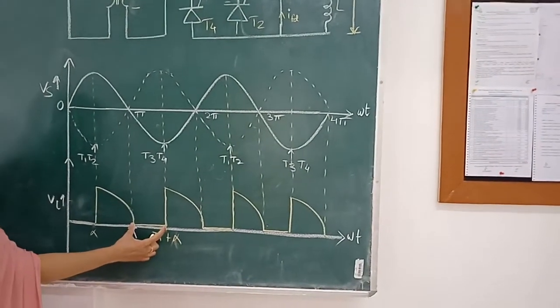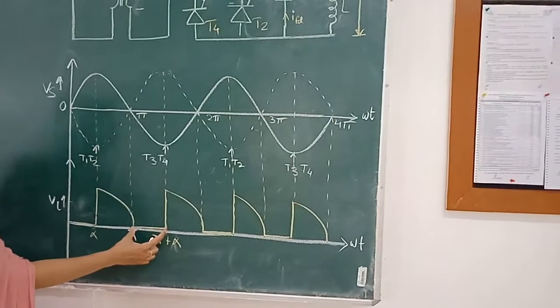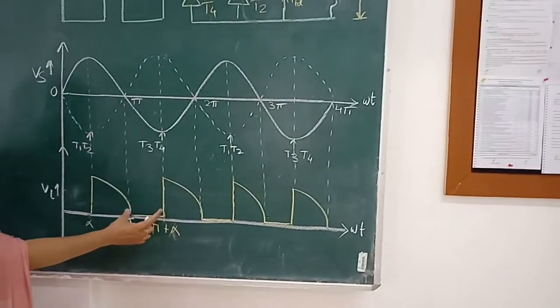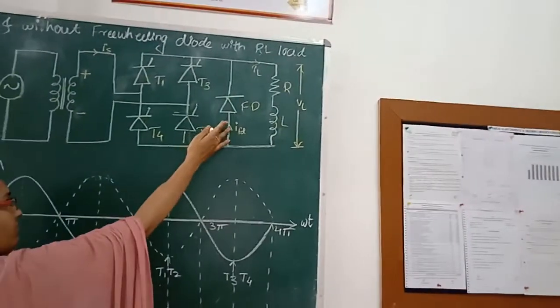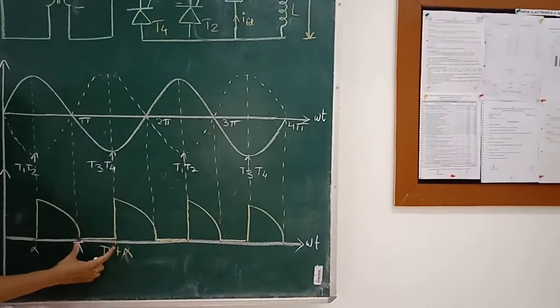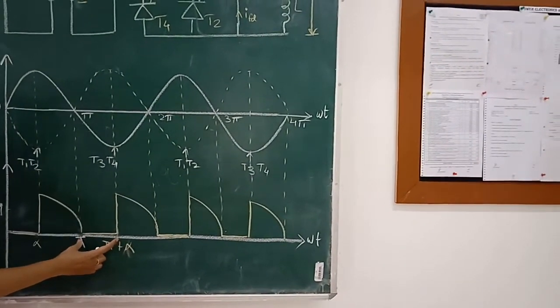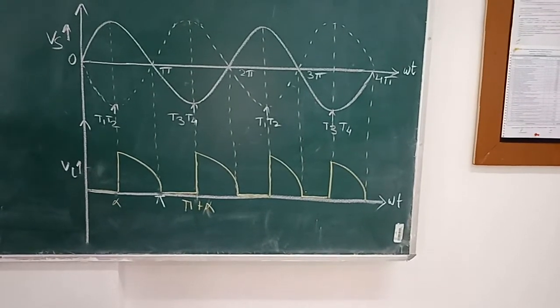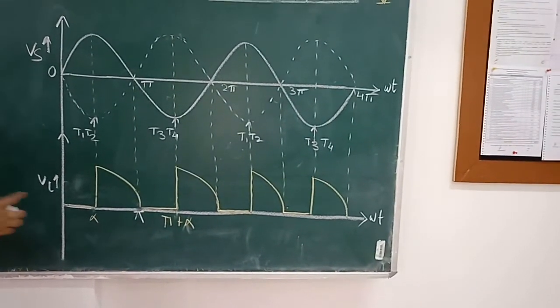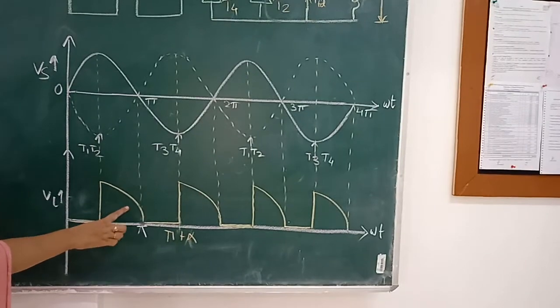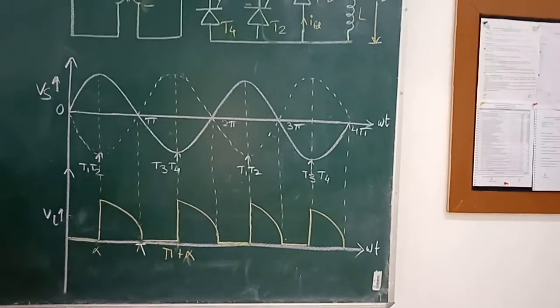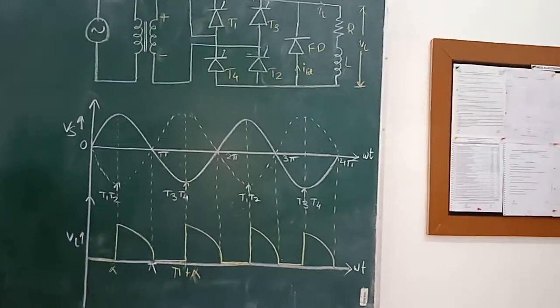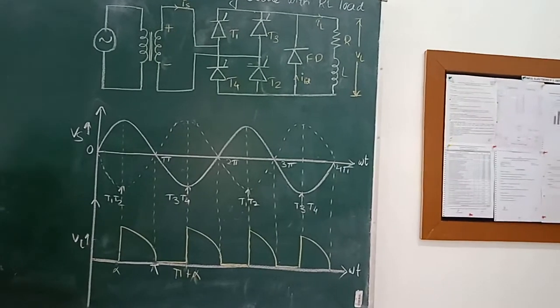So the negative spike which we were getting in the previous waveform without the freewheeling diode has been removed in this figure with the use of the freewheeling diode. Thus the negative voltage does not appear across the load and the average voltage is maintained positively. Thus the freewheeling diode helps to improve the average load voltage.